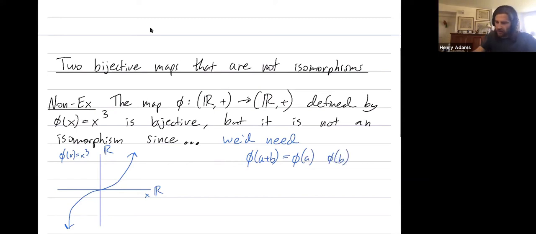And how are they combined? Well, they're combined under addition. Okay. But phi of a plus b is (a plus b) cubed, which is a cubed plus 3a squared b plus 3ab squared plus b cubed.